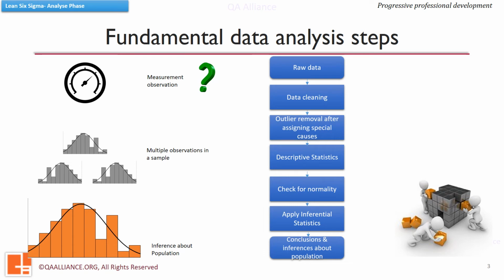This step helps in removing those data points which have come into the data due to some special cause. Such outliers distort the actual distribution of the data, thus these are removed. Then we perform descriptive statistics, check for normality, and accordingly apply inferential statistics. Finally, the inferences are made about the population.